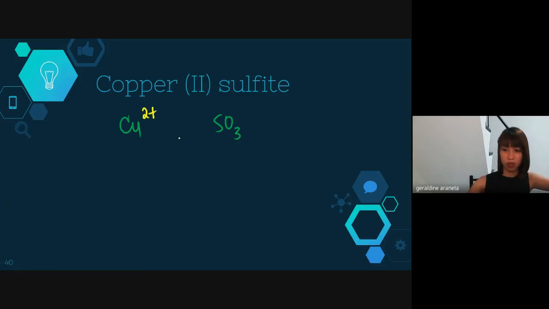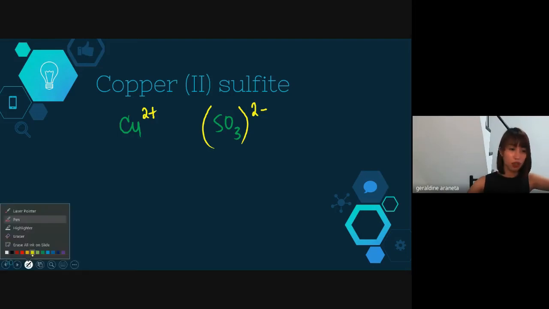So kasi 2 yung nandito. Then sulfite will be, parenthesis natin, this 2 negative. According pa din sa periodic table. Okay, then crisscross. Crisscross tayo. Ito punta sa baba ni sulfite. Ito baba ni copper.